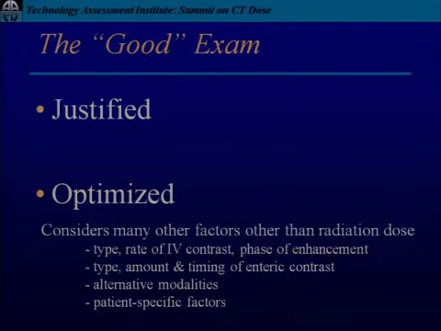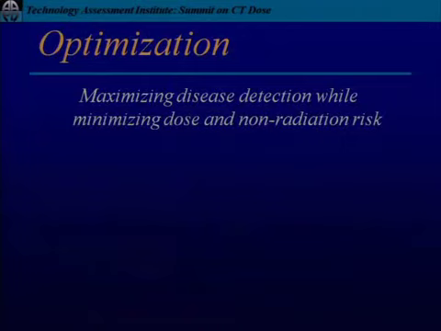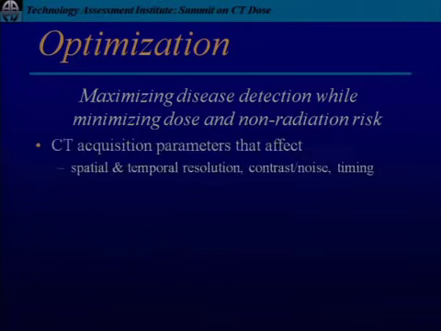The type and rate of IV contrast, the phase of enhancement, the type, amount, and timing of enteric contrast, alternative modalities, and patient-specific factors. So I'd like to focus on optimization in terms of maximizing the disease detection while minimizing the dose and the non-radiation risk.